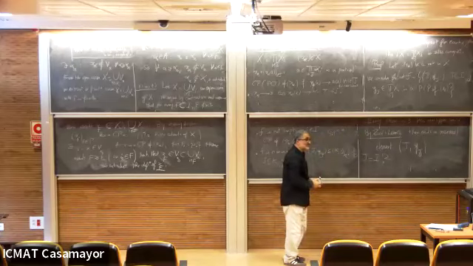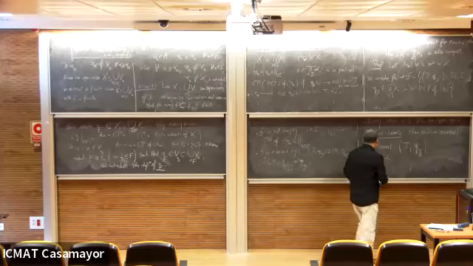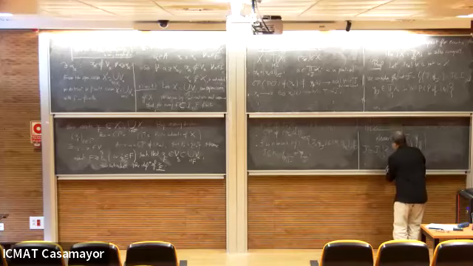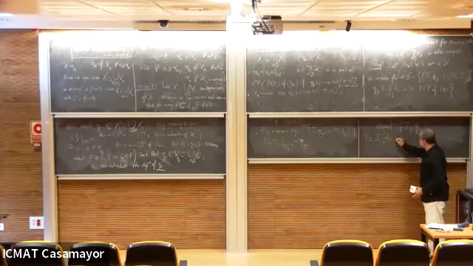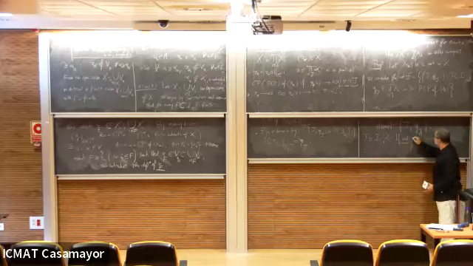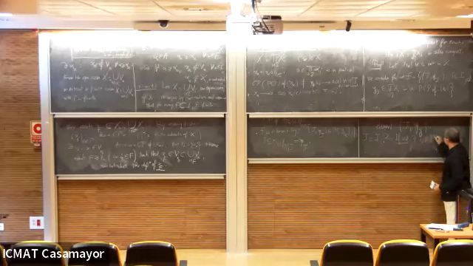If j is different from I, if not, there exists I0 in I minus j.